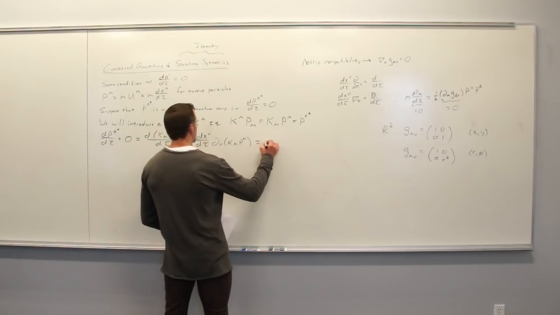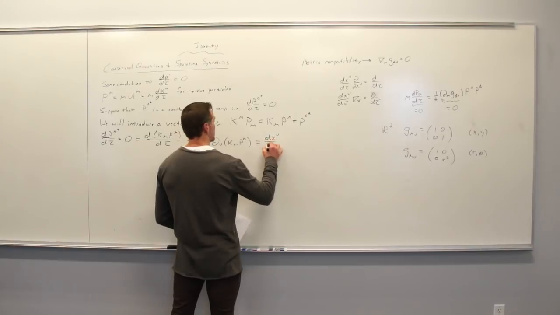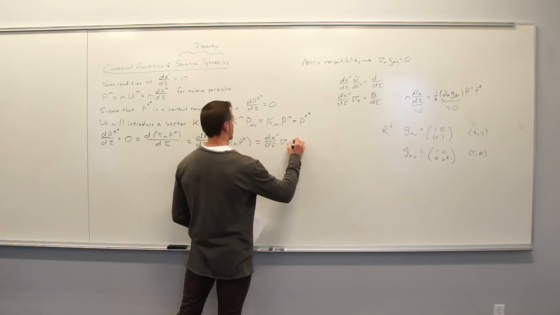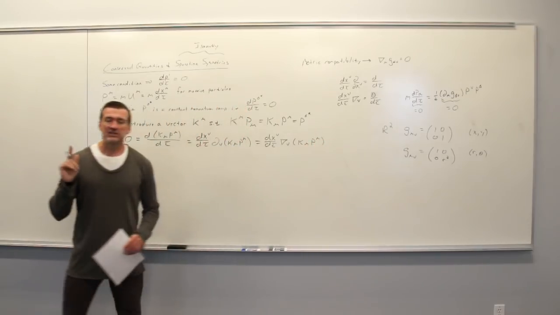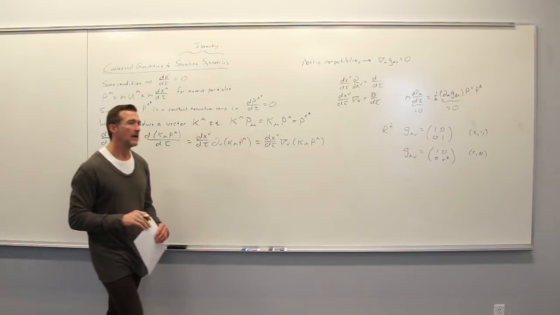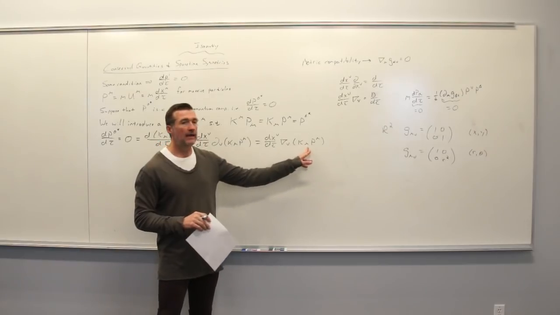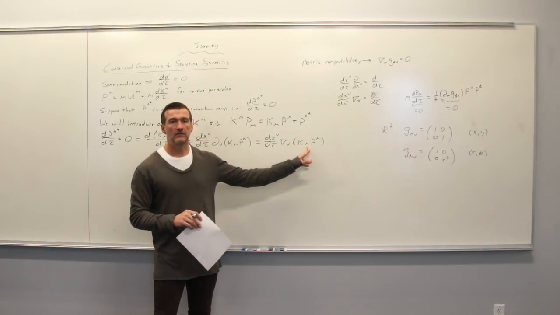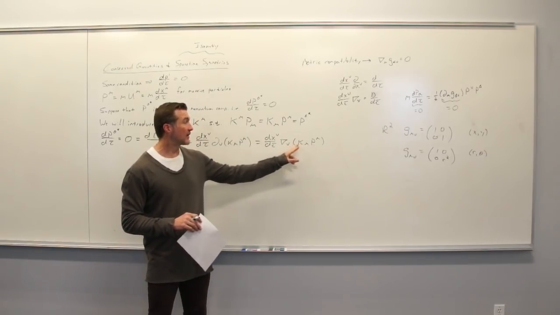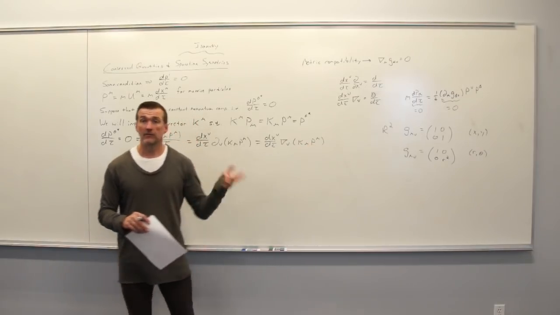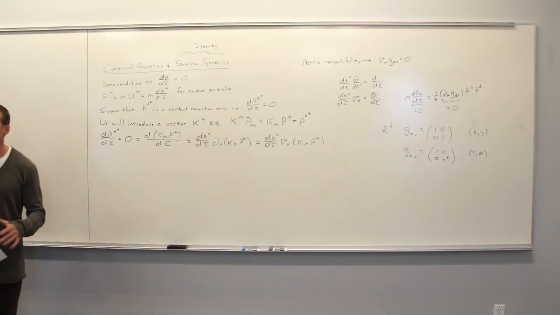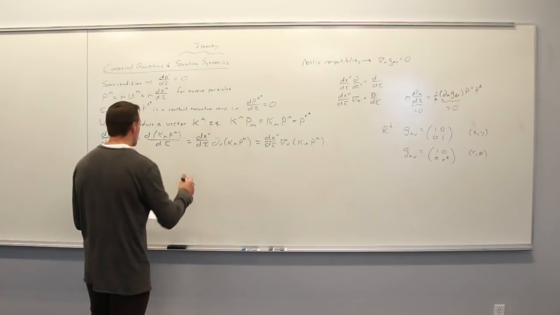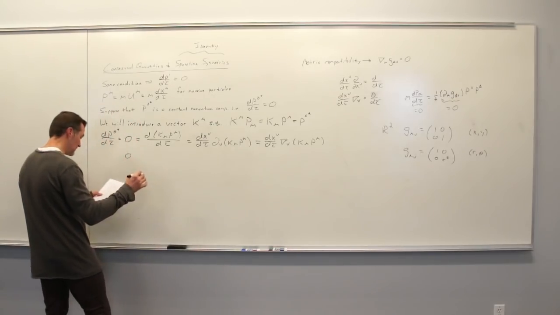But that means that I could, if I wanted to, replace this with the covariant derivative, which is what I have to do if I want to apply the Leibniz rule. If I actually want to take the derivative of these terms in a product rule fashion, then I am taking the derivative of vectors and dual vectors, and I have to use the covariant one. Okay? So let's do that.